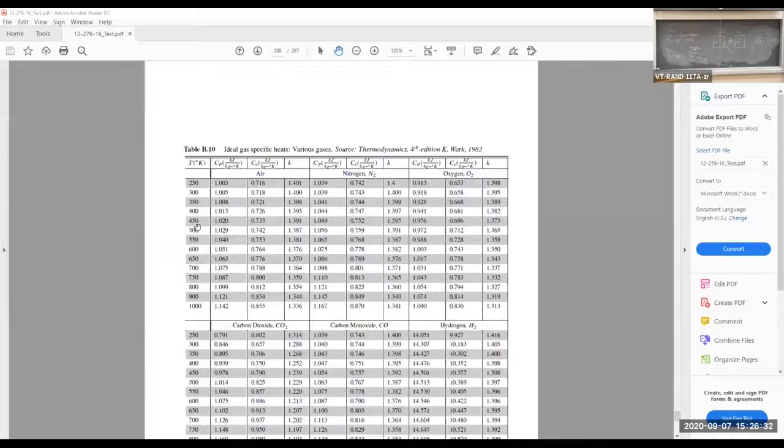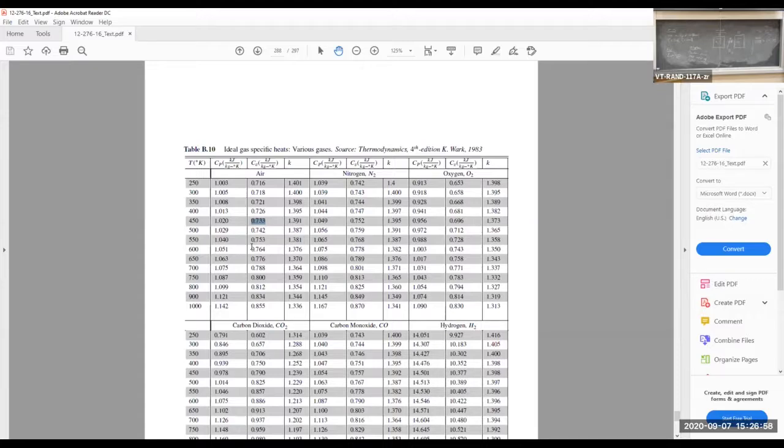Let's get the value. Cv for air at 450 degrees is 0.733 kilojoule per kilogram degree Kelvin.